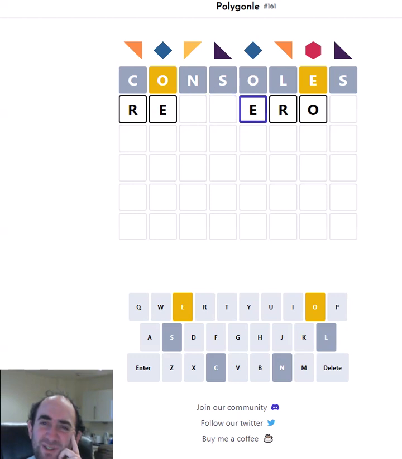What would these two letters be? I don't know. It's a difficult one today. 8-letter ones are always a lot more difficult than some of the other ones.